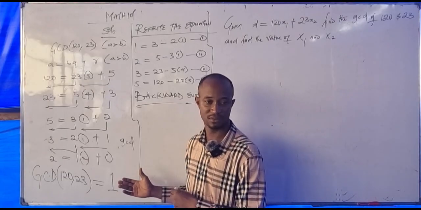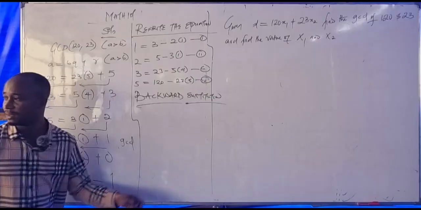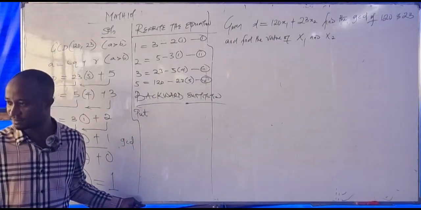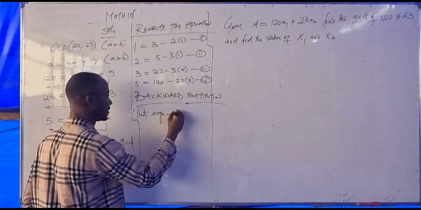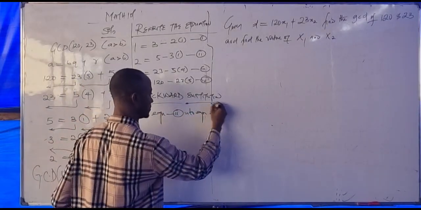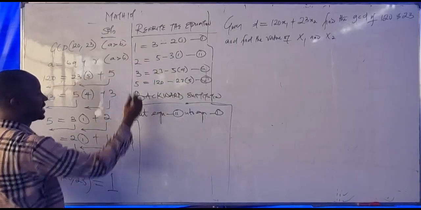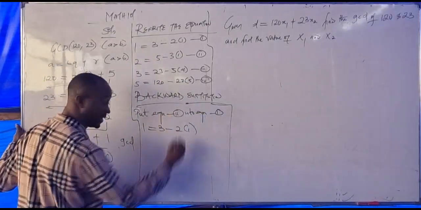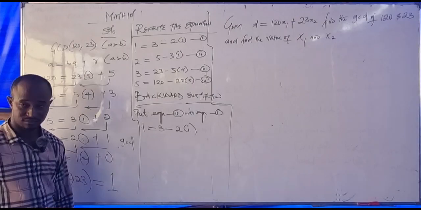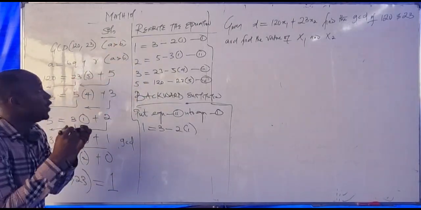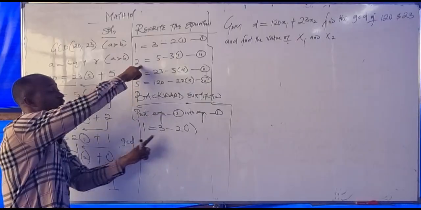Can we try it out? Oh yeah, watch now. Are you following? So we say put equation 2 into equation 1. Equation 1 is saying 1 equals to 3 minus 2 times 1. If I'm to put equation 2 into equation 1, that means anywhere I see 2 in equation 1, I'll put this.